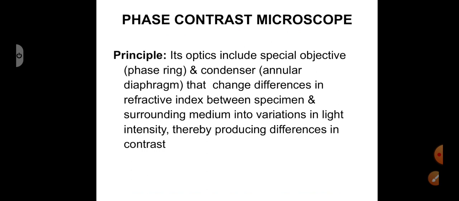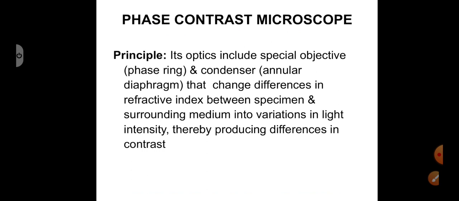So in the specimen, we know that there are certain areas which are denser and certain areas which are thinner. The areas which are denser, the light rays passing through them will bend a little more compared with the part of the specimen which is thinner, where the light rays pass straight through it, whereas the areas which are denser or thicker, the light rays tend to diffract or bend.